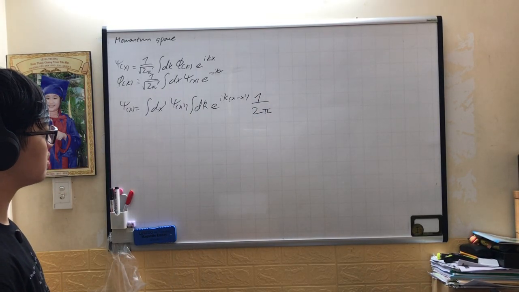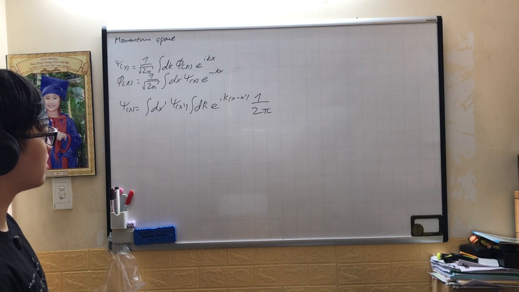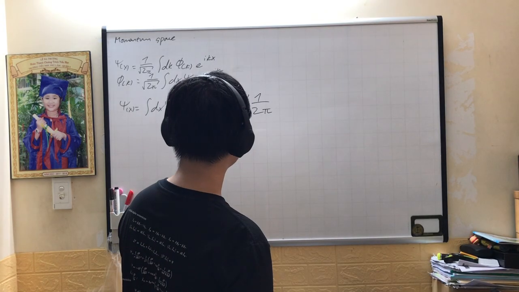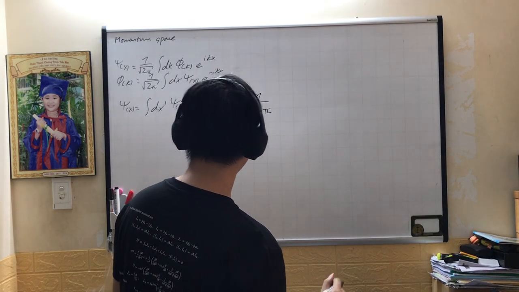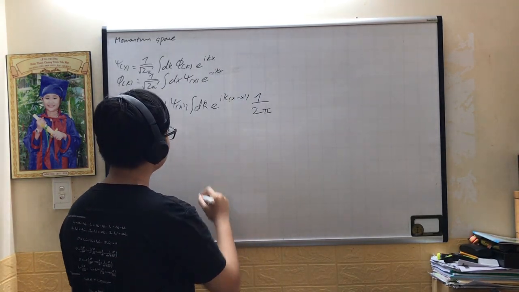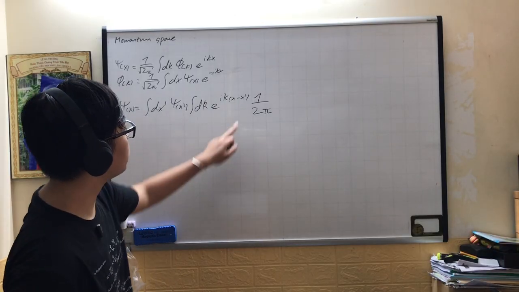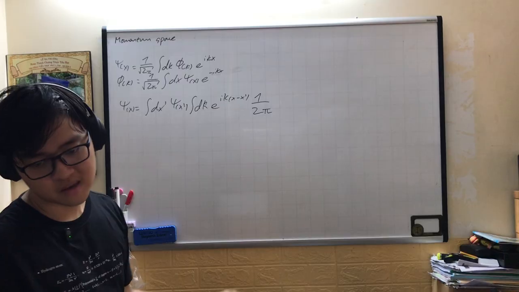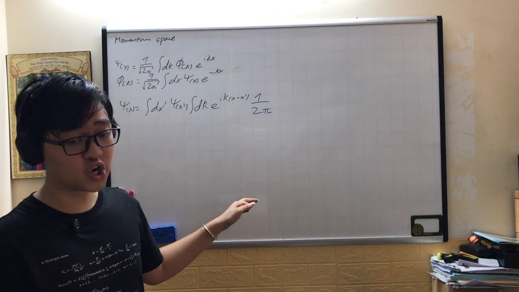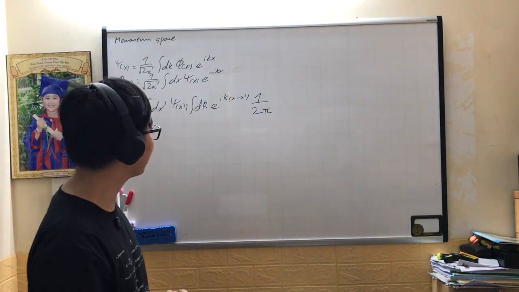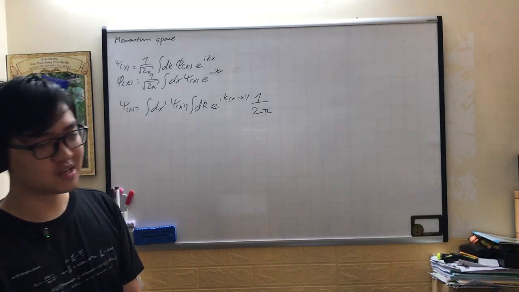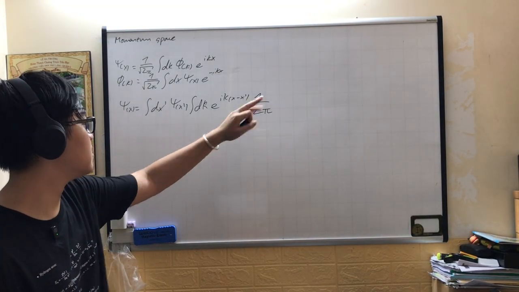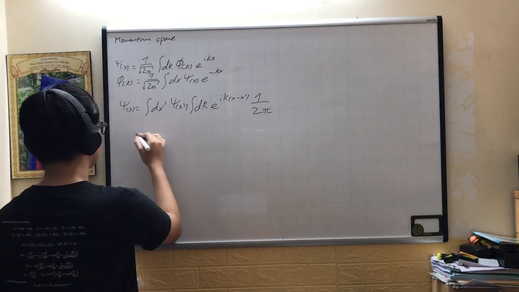Nothing is wrong with this, but for it to look a little bit more right, we would want to invert this part and make it x prime minus x. One way to do this is that you move k to minus k instead.